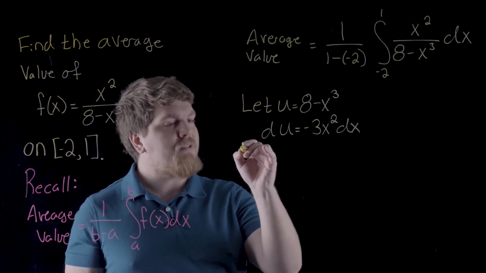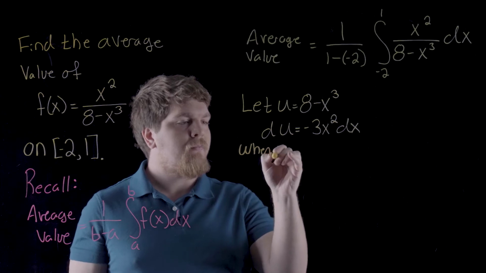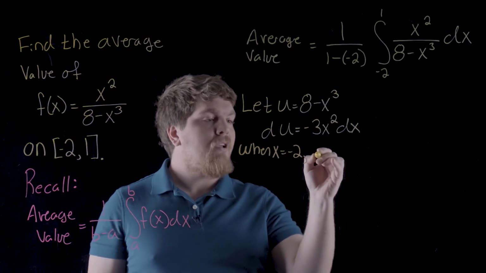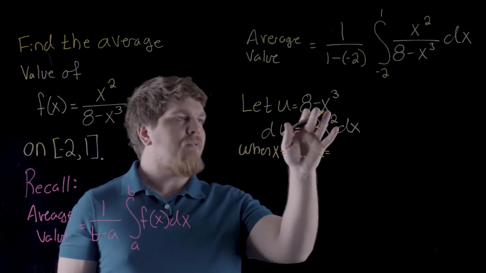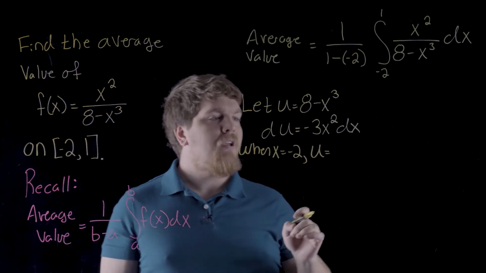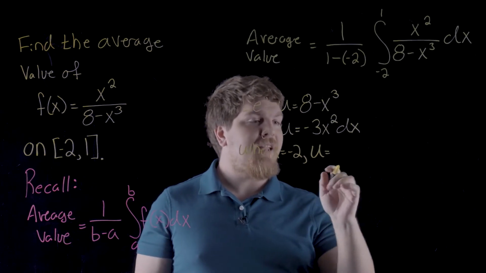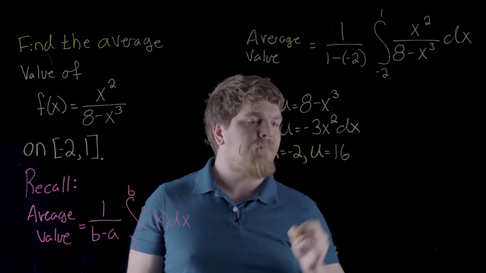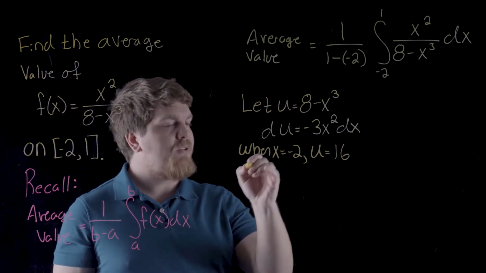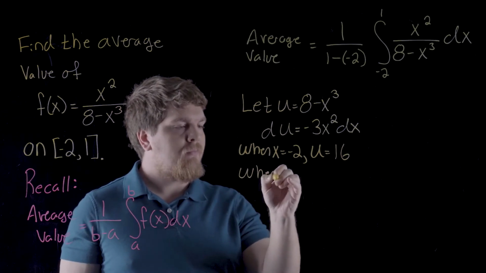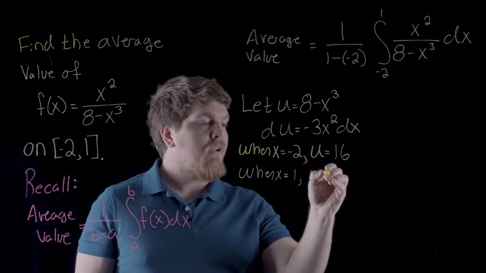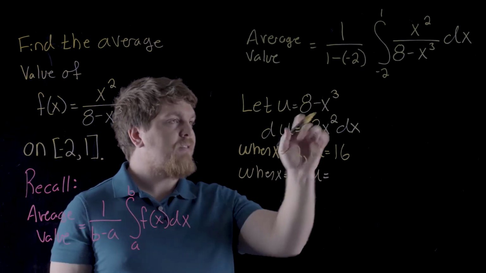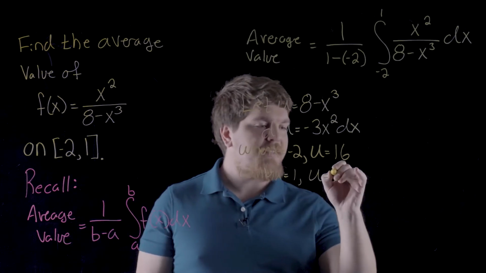So when x was equal to -2, u will be equal to 8 minus -2 cubed, which is 8 minus -8, or 16. And when x is equal to 1, u will be equal to 8 minus 1 cubed, which is 7.